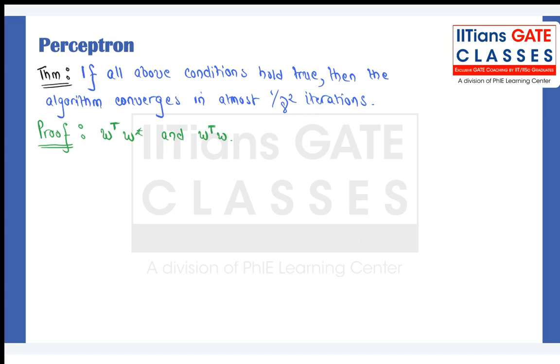I assume you know all these things, which is that the similarity between two vectors is nothing but the dot product, and the dot product is given by this notation. If you don't know this, then maybe you can revise it and then look at this video, and it will be much simpler. So the proof is about when you are updating W. When you are not updating W, it's okay, you are not doing anything.